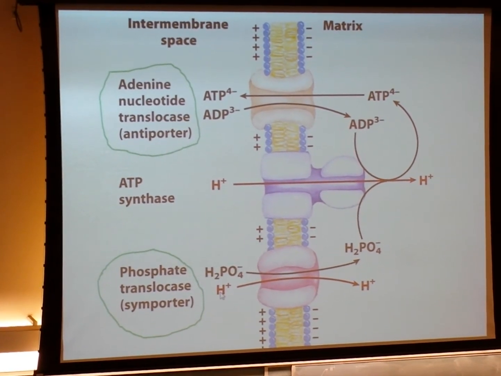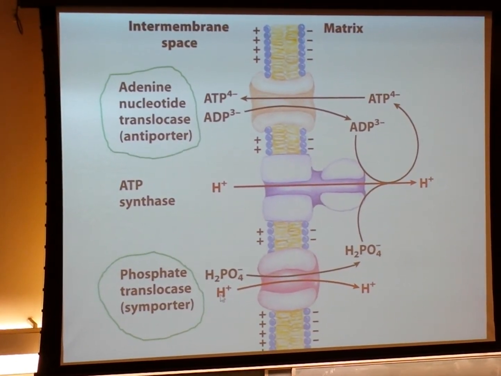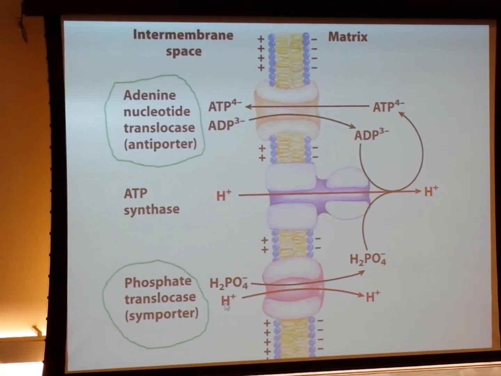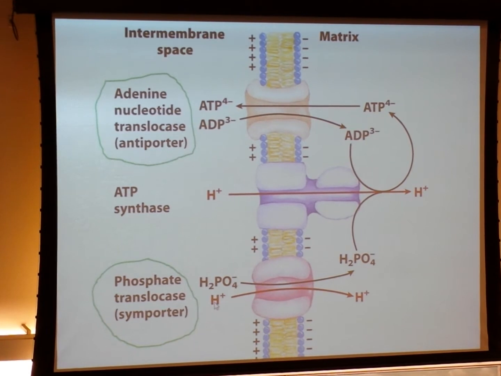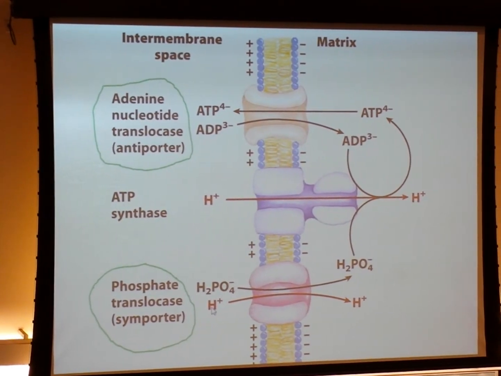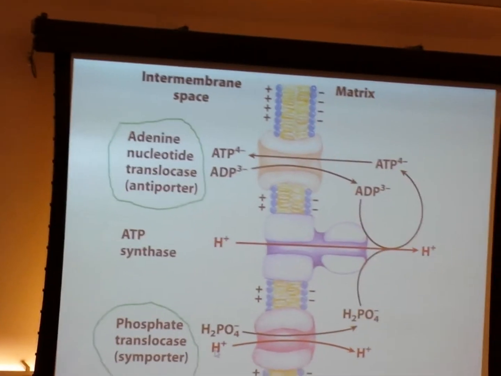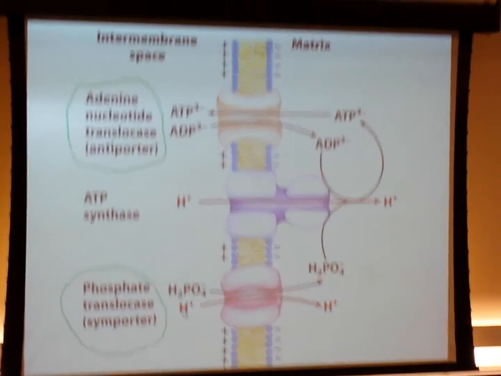So that's going to cost you 4 protons to make 1 ATP. And now you see how the ATP is getting out of the mitochondria and how used ATP in the form of ADP and inorganic phosphate comes back in to get made.